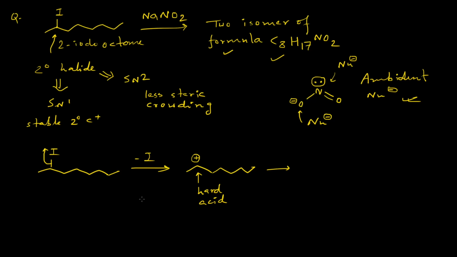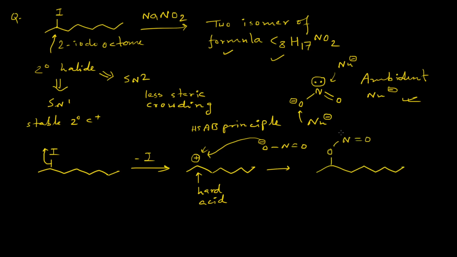And that's why during the SN1 pathway, this O- nucleophilic center will preferentially attack this carbocationic center, since hard-hard combination is preferred from the theory of the HSAB principle. And this is one of our products. So this is one isomer.